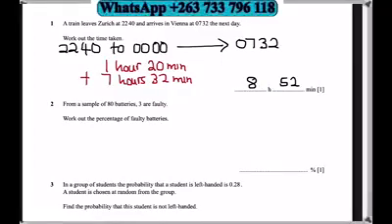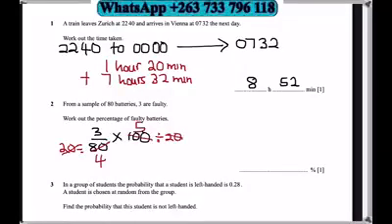Then on number 2, from a sample of 80 batteries, 3 are 40. Work out the percentage of 40 batteries. So 40 batteries are 3, then the total is 80, so it's 3 over 80. To find the percentage, we multiply by 100. Therefore, we divide by 20, which is a highest common factor of 80 and 100. So divided by 20, 20 into 80, this gives me 4, 20 into 100, it's 5.